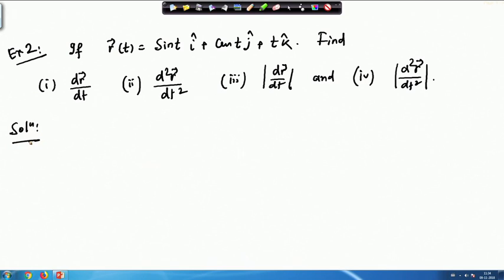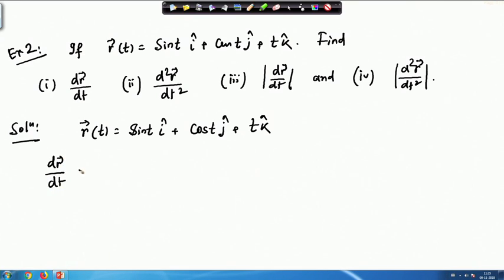So, the solution would look like this. Our given function r(t) is sin t i plus cos t j plus t k. Now, what is dr/dt? Differentiation of sin t is cos t i, differentiation of cos t is minus sin t j, and differentiation of t k is just k.